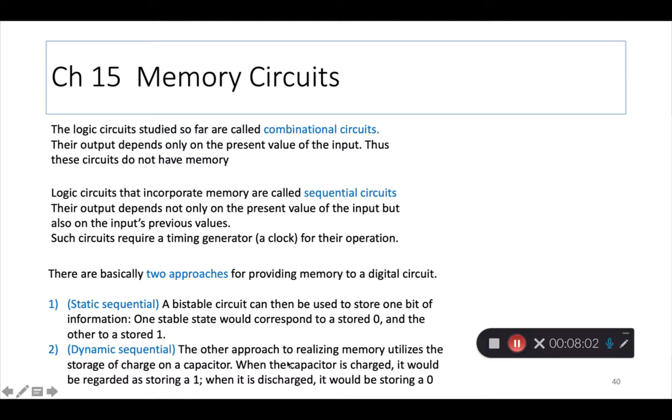Dynamic sequential, on the other hand, is putting charge into a capacitor. And we know capacitors have a tendency to leak. They can lose charge. So in a dynamic sequential system, you have to keep refreshing. That means you have to keep adding the same charge to the capacitor if you want the high value to continue to be retained.